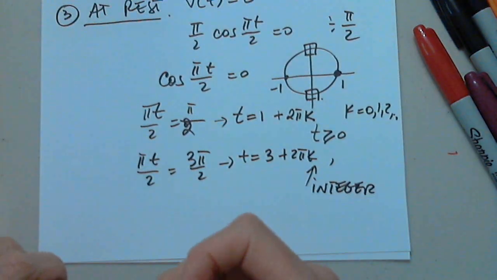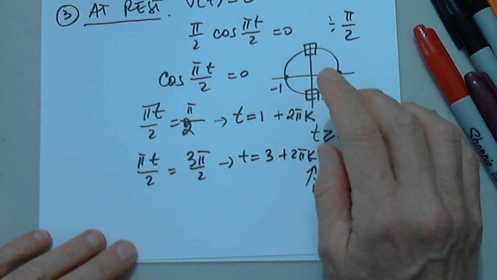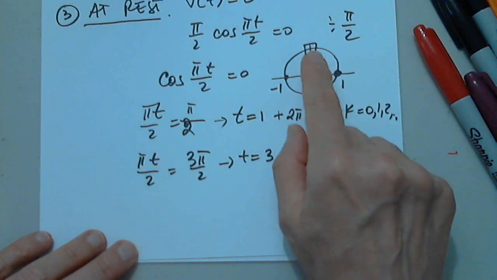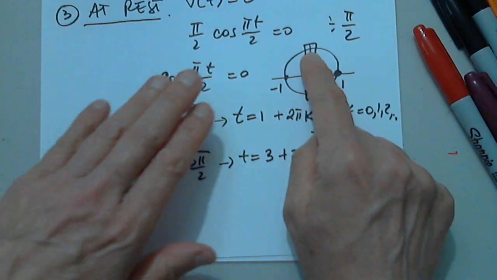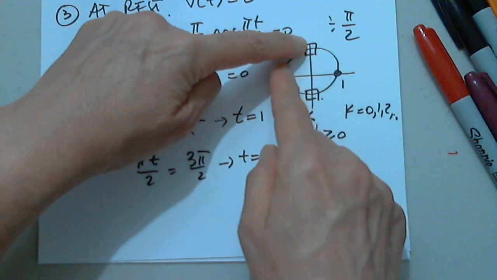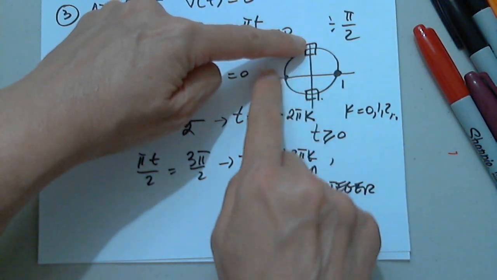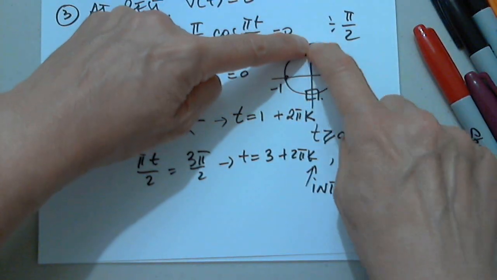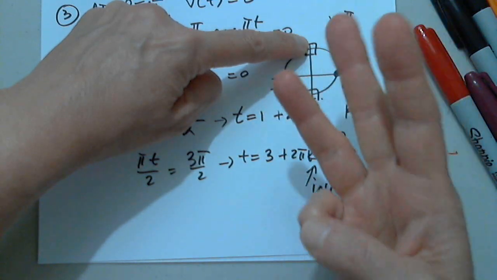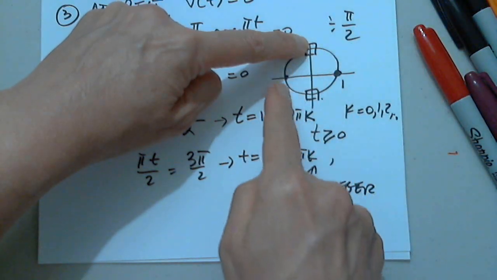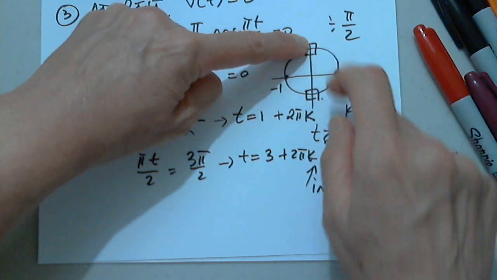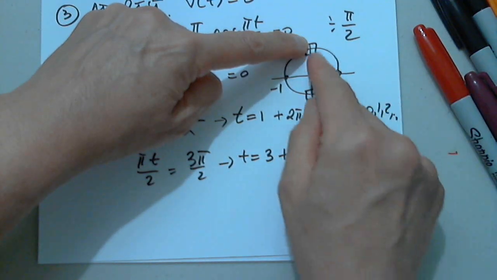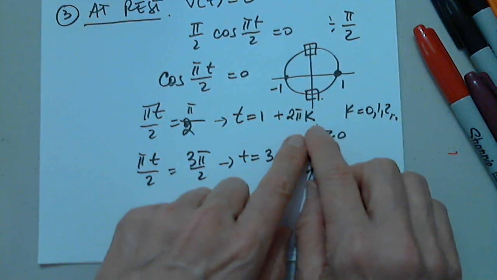It means that there are infinitely many solutions. So t equals 1. So at this point, cosine is 0. But also if I add 2 pi, I land here and I also get 0. If I add 4 pi, another complete rotation, I get back here. If I add 6 pi, I get back here. So that's what it means.